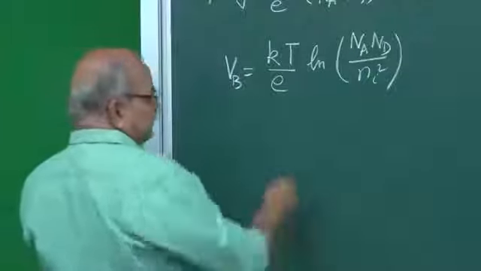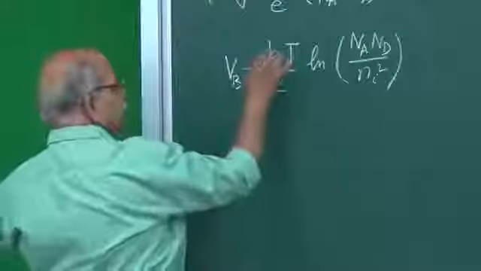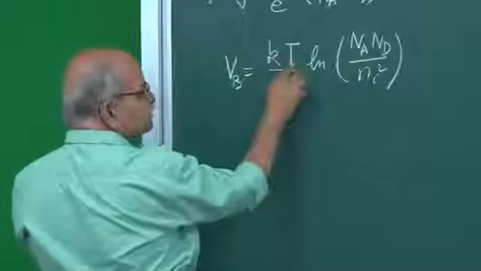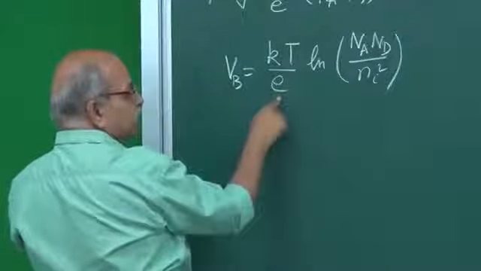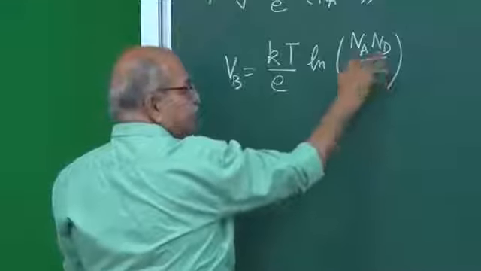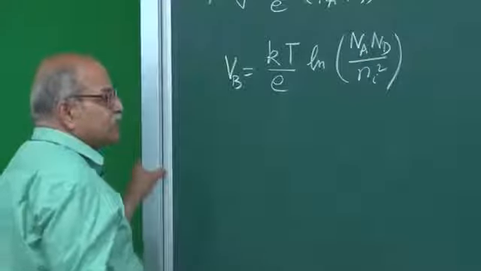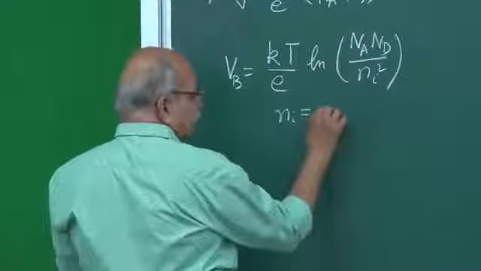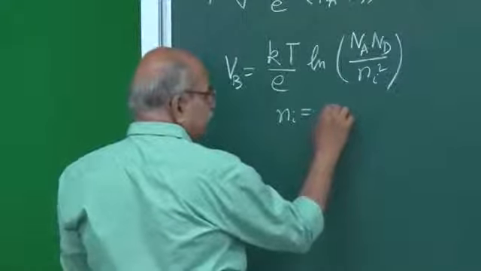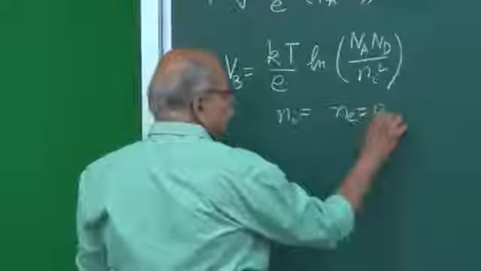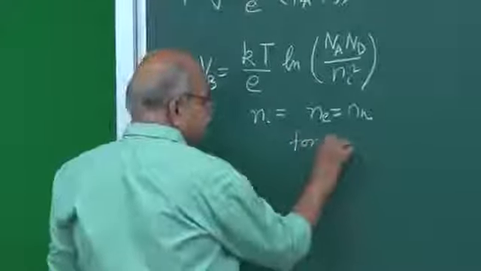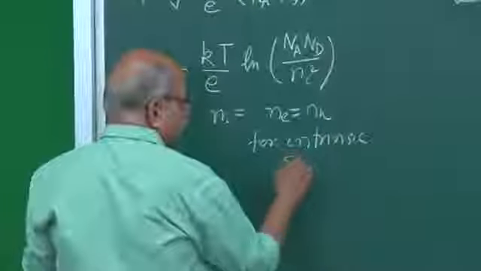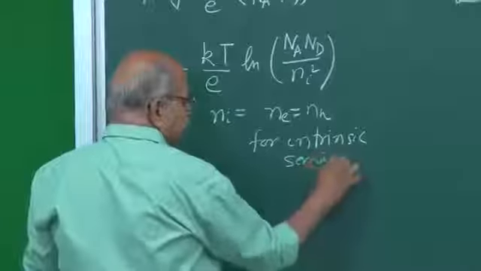You remember we have introduced all these symbols. This is the Boltzmann constant, this k into T, Boltzmann constant into temperature in Kelvin, E the electronic charge, Na, Nd are the densities of acceptor and donor ions, and this ni is just Ne and Nh, which are equal for an intrinsic semiconductor before doping.